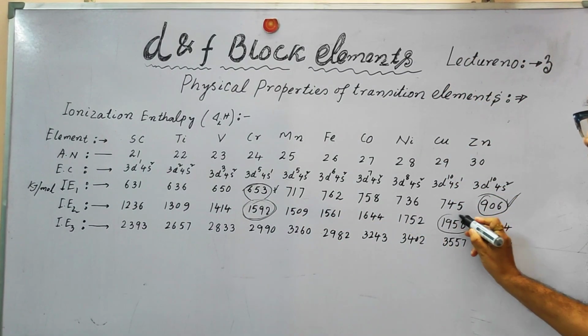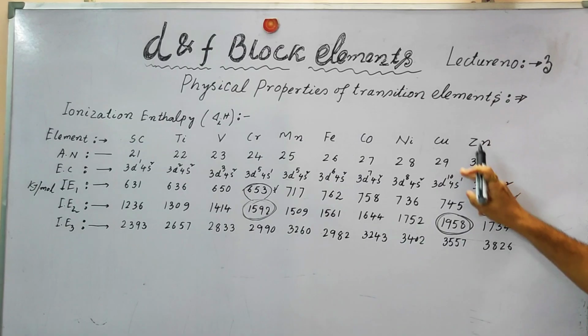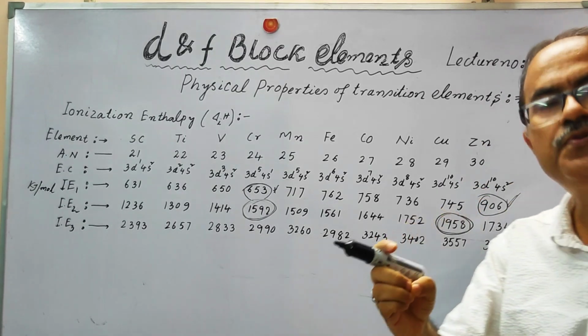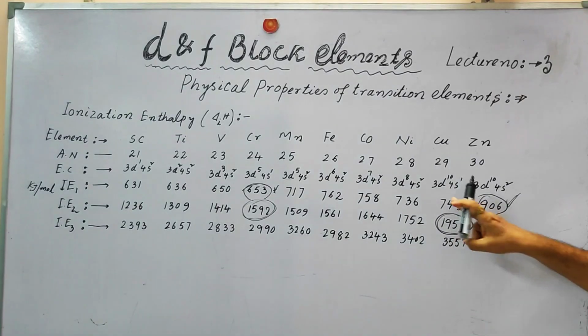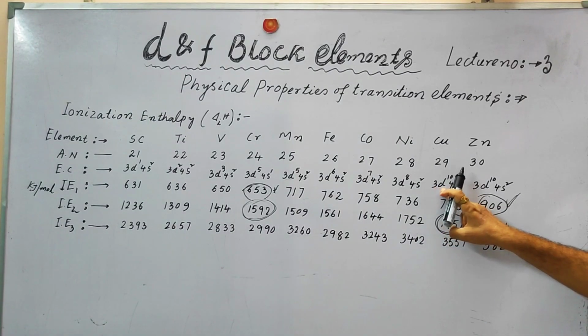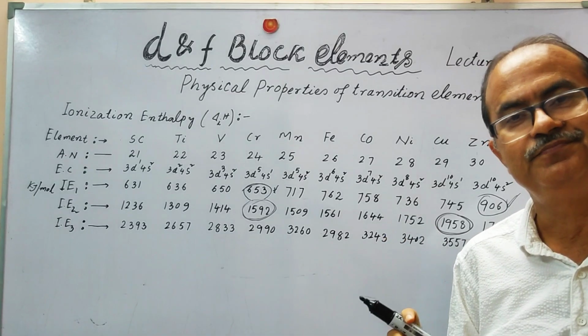You can see this also in case of copper. Copper has a very high second ionization enthalpy, because when it is Cu plus, you have to remove an electron from the Cu+ ion, which has 3d10, the stable electronic configuration.